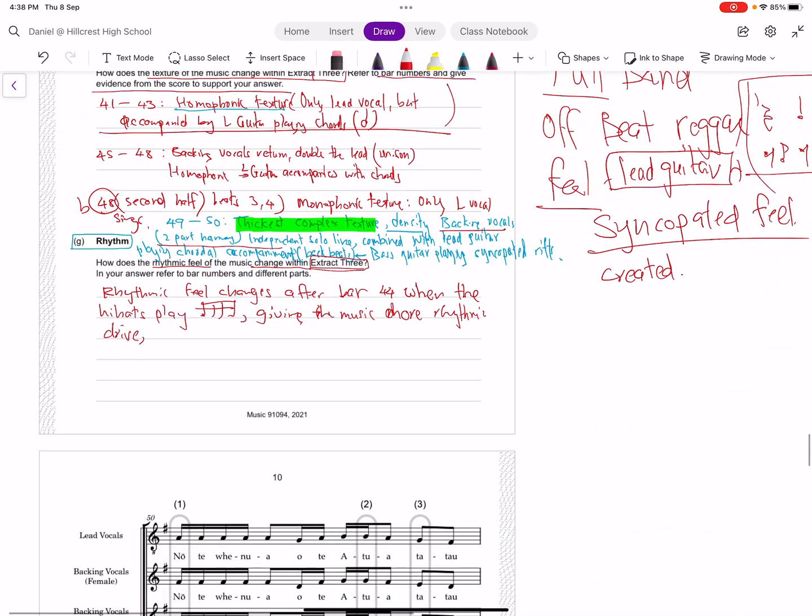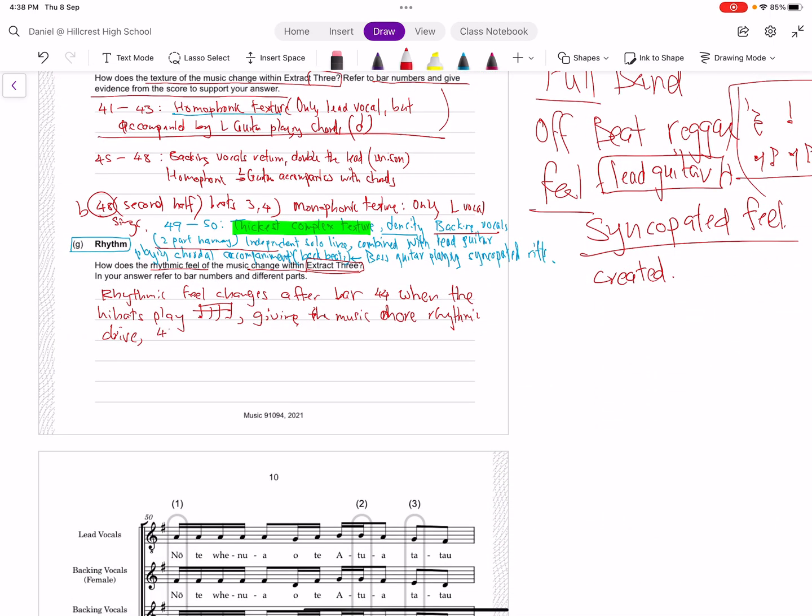So 41 to 43, rhythm is more steady, with the lead guitar playing minim chords on the first beat, on beats 1 and 3, just the strong beats.